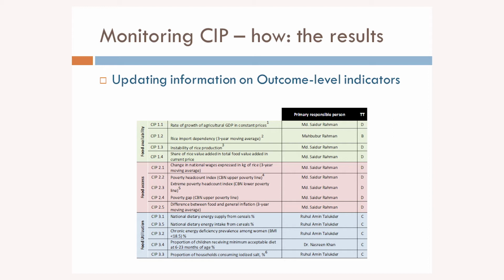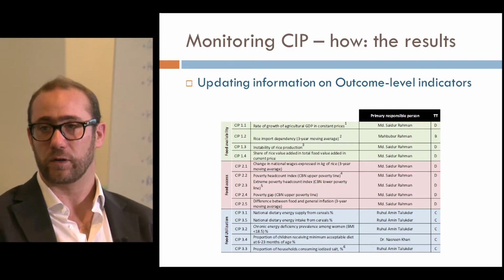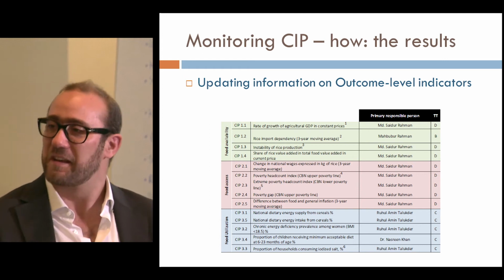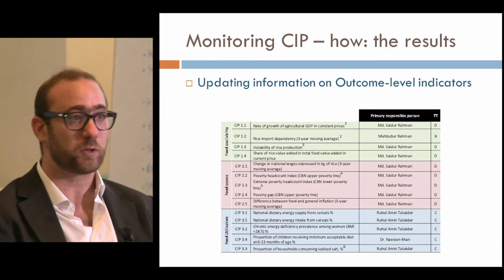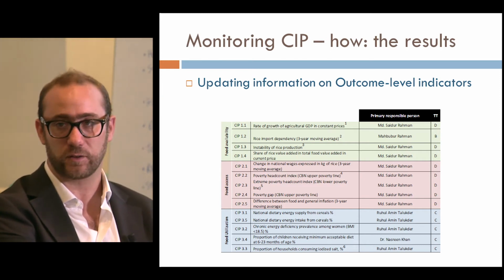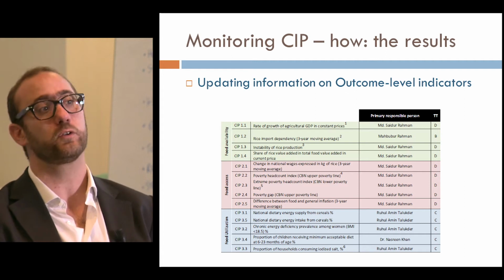Here on the screen we have the outcome level indicators. As you can see, every outcome level indicator has one name associated. This name is a person, of course, who belongs to one or another ministry or agency, and is responsible for delivering the information on that indicator on time, in order for the unit responsible for monitoring to analyze the data.